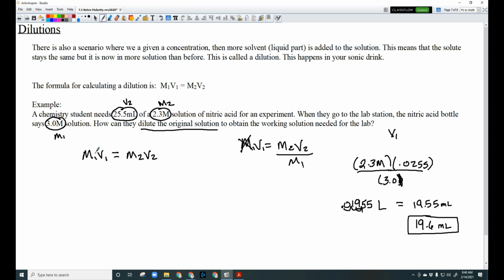M1 is 3.0, and then 19.6, and that should equal 25.5 times 2.3.